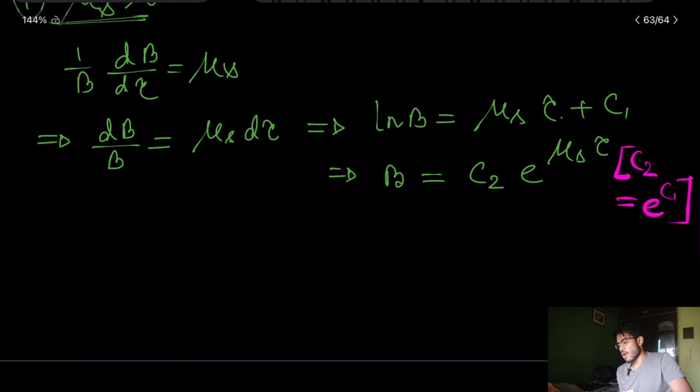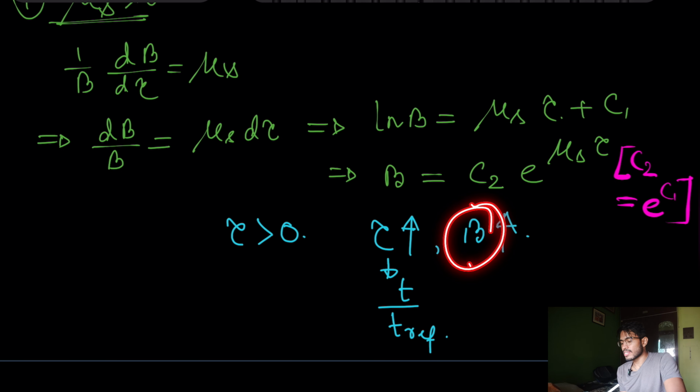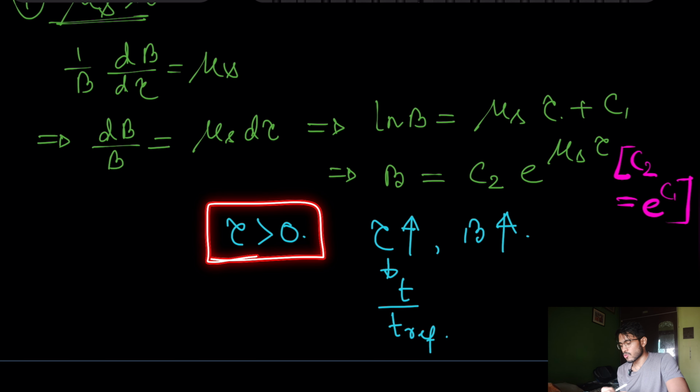Okay, so now you see that if my tau is increasing, then my b should also increase. And what is tau? Tau is the time by some t reference. So tau increasing means my time is increasing. So with the increasing time, this b must also increase.